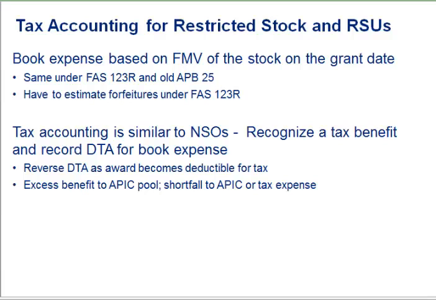Okay? The tax accounting for restricted stock works just like NSOs, and we're going to get into this in a minute. But basically what you do is you say, look, books expense 10. It's only a matter of time before I get a deduction. And I'm just going to assume that my future deduction is also 10. Okay?